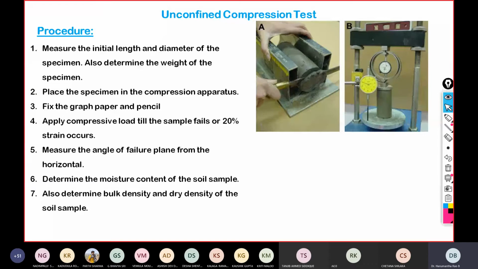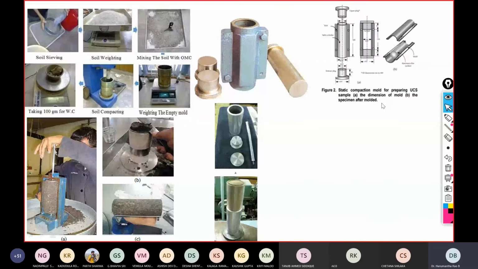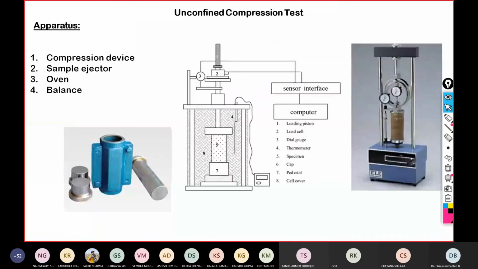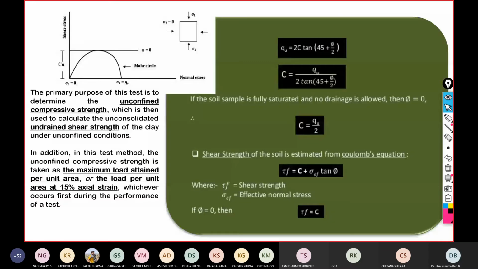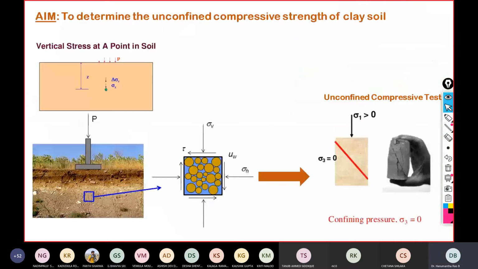Then measure the angle of the failure plane from the horizontal. Let me show you what a failure plane means, because you may get confused again. See here, if you look at this picture, you can see some cracks.